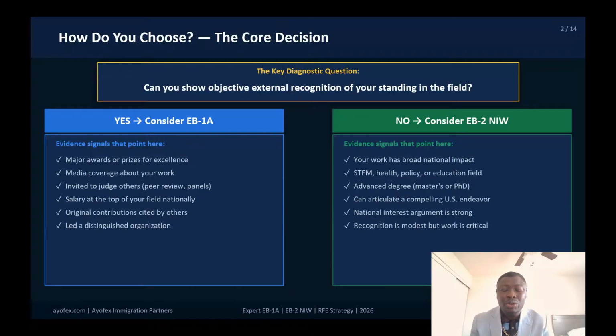Then you need to go for EB2. So these two distinctions are very, very important and very critical.